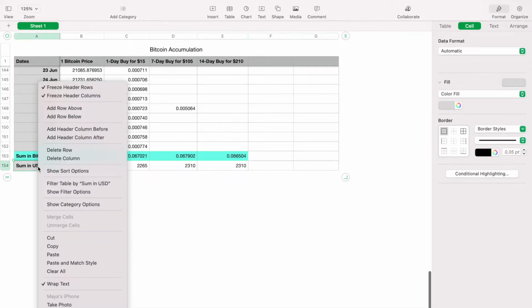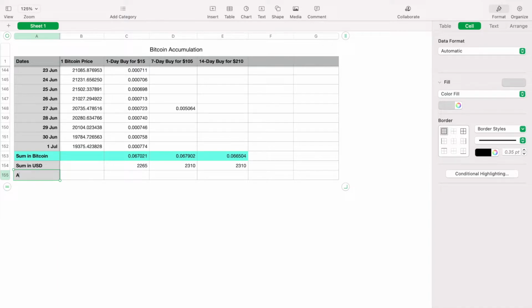Finally, to be able to compare all three options, I will calculate the average cost of Bitcoin that I own. I will do so by dividing the total sum in US dollars that I spent by the total amount of Bitcoin I purchased.